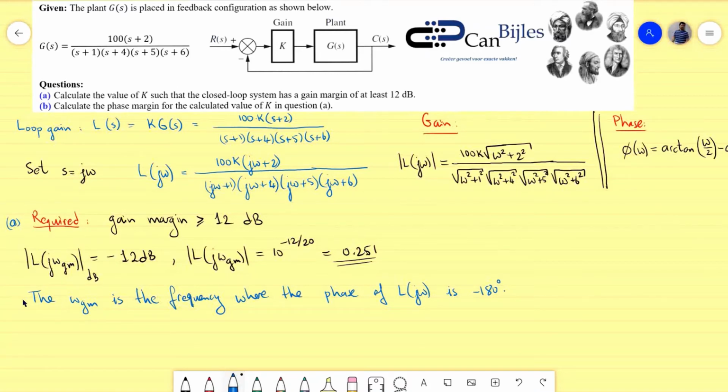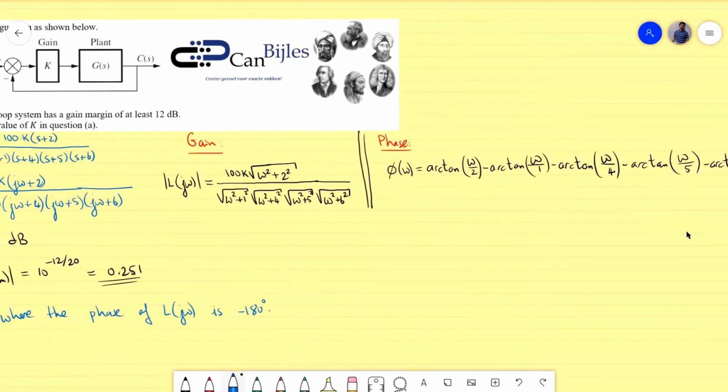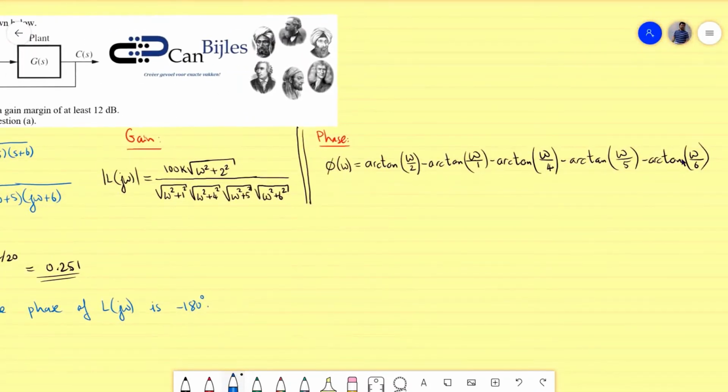So I can use the formula for the phase, which is shown here, which is a very long formula. I can use this formula and equate this to minus 180 degrees, and then calculate the value of that omega, which is then omega GM.